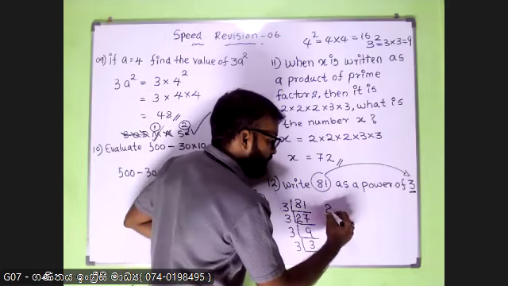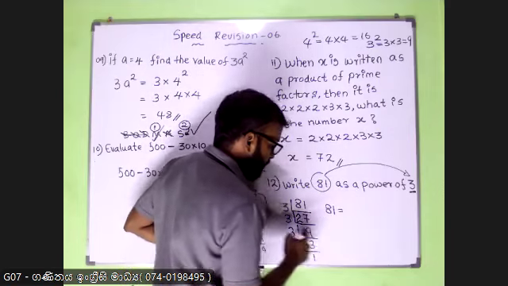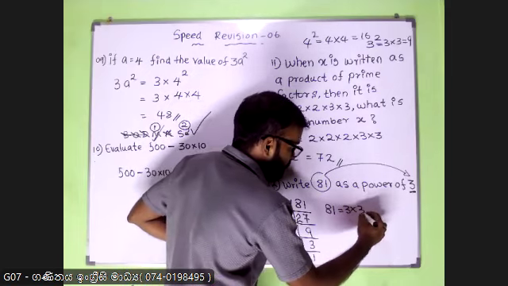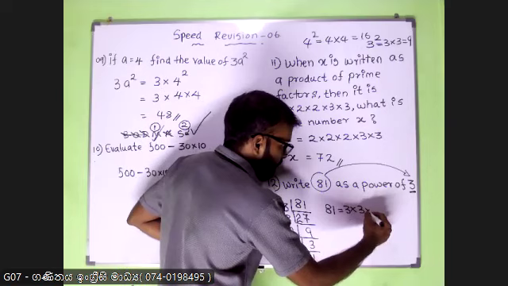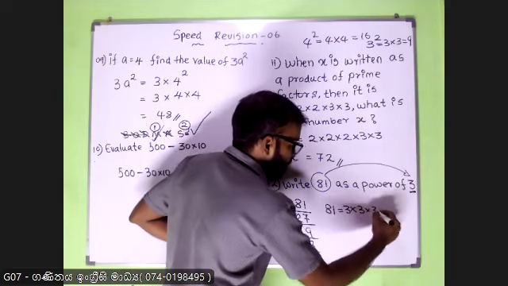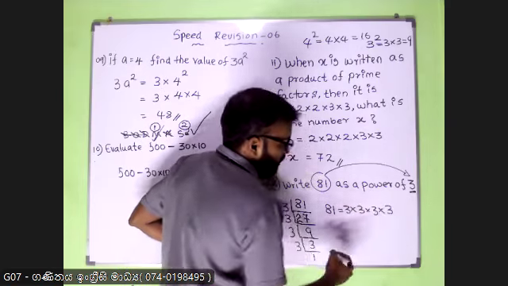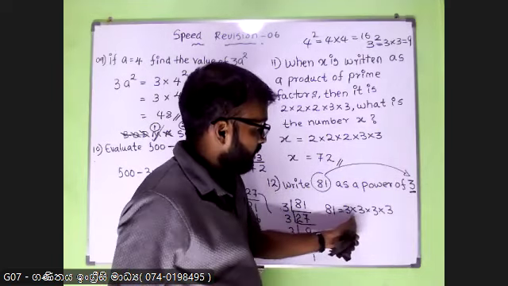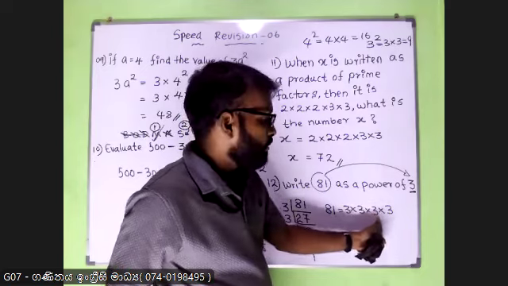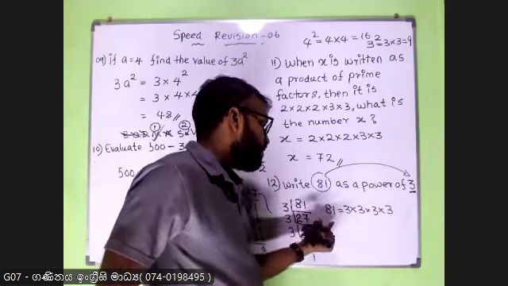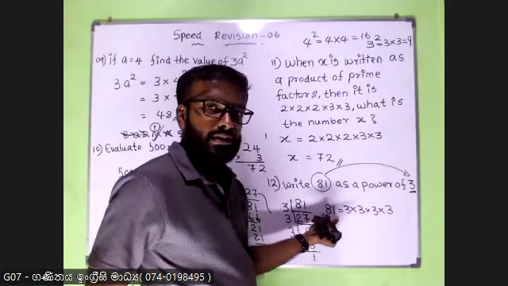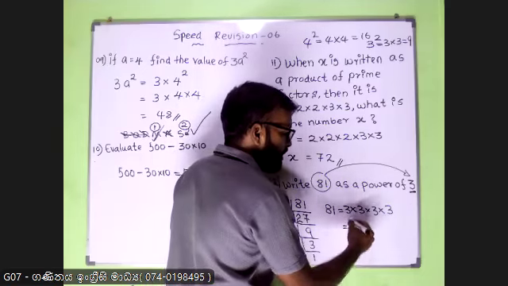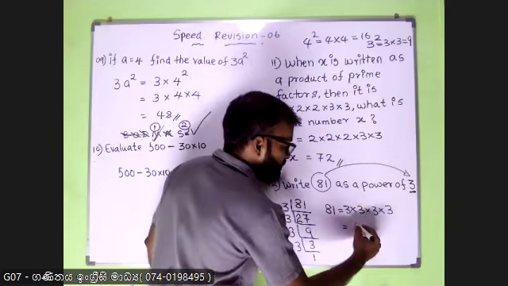If you multiply 3 repeatedly 4 times, 3 times 3 times 3 times 3, you will obtain 81 as the answer. How many 3's are repeatedly multiplied? Same base. The base is 3.